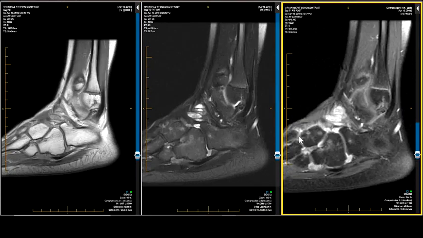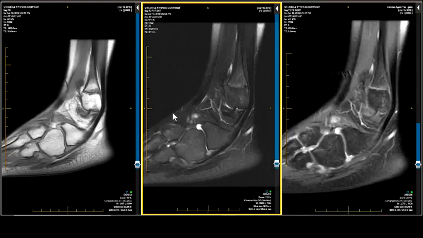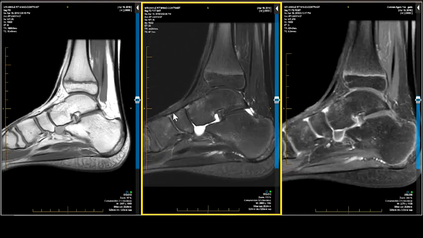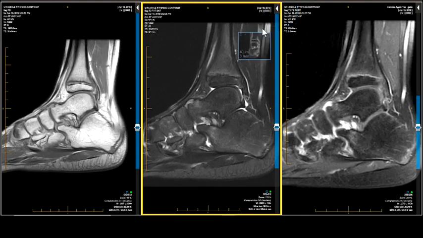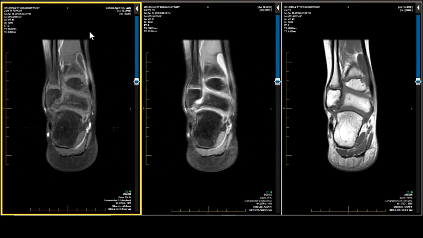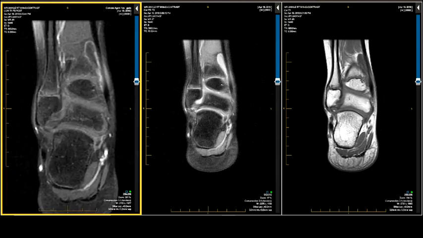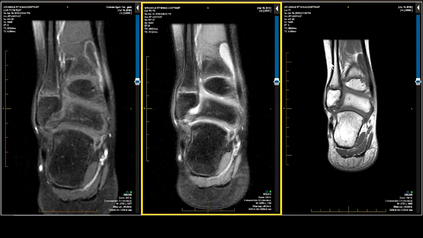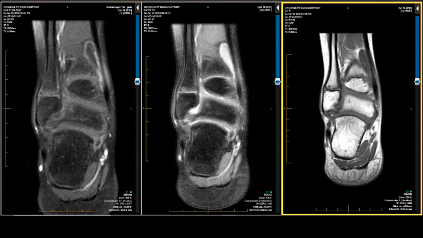This is all reactive edema throughout the mid-tarsal region. Let's take a look at it coronally real quickly just to get our eye comfortable with it. It's an oligo or pauciarticular arthritis, rheumatoid negative, consistent with JIA.